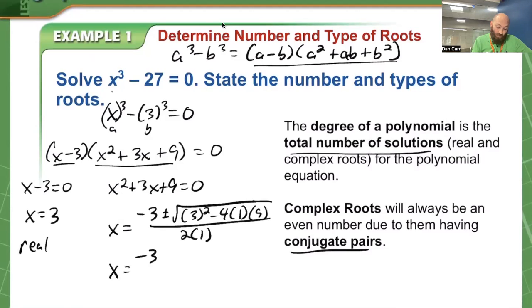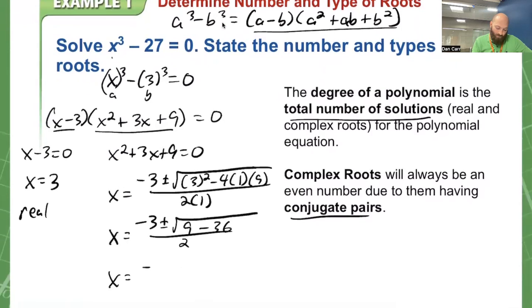Putting that into the quadratic formula, negative 3 plus or minus the square root of 9 minus 36, all over 2. So that's negative 3 plus or minus the square root of negative 27 over 2. When I simplify the square root of negative 27, that means I do have an i in my answer.